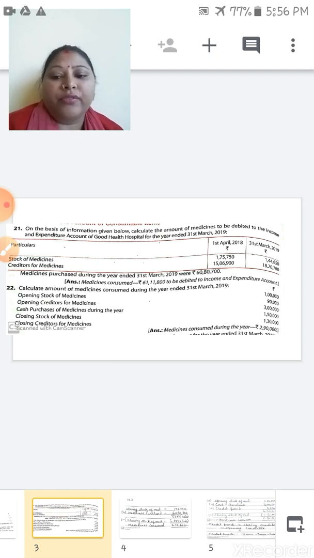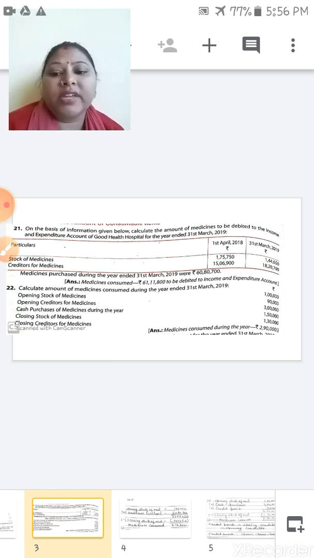Now listen carefully. In this question only cash purchases is given. In the formula we have opening stock plus net purchases minus closing stock. It means for net purchases we have only cash purchases, no credit purchase.